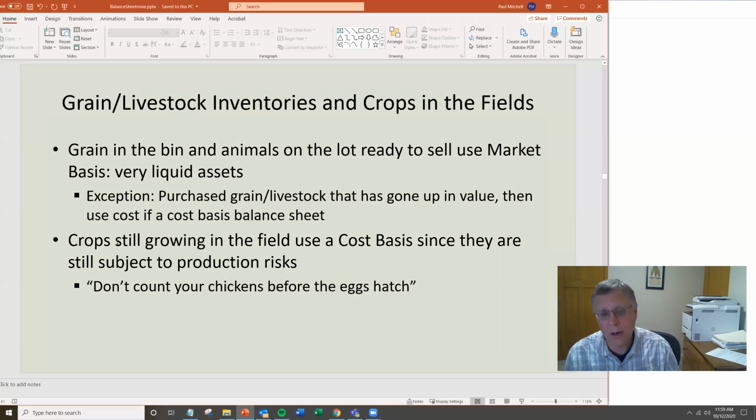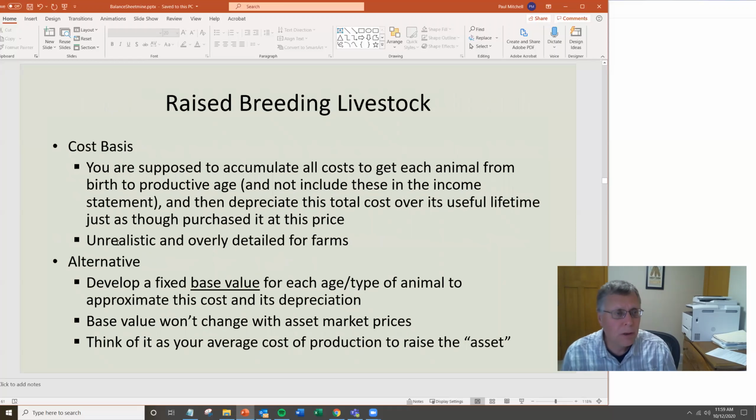You use the cost of what it took you to put that corn in the ground, not assuming it's going to be 180 bushels per acre and $3 corn or something like that, and come up with the market value of that cornfield as part of your business assets. You use the cost.